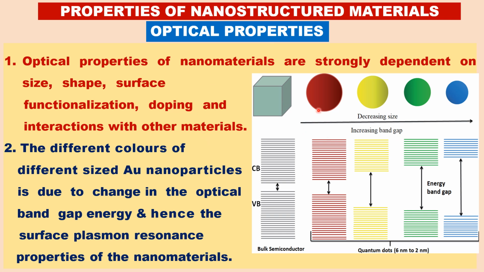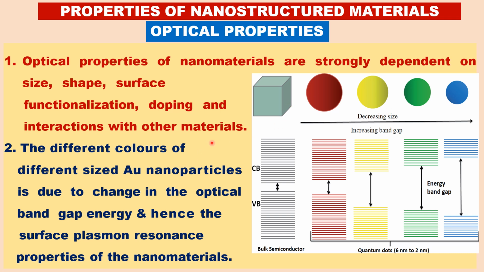For example, gold nanoparticles are different colored in different sizes. Optical properties of nanomaterials are therefore strongly dependent on size, shape, surface functionalization, doping and interactions with other materials.